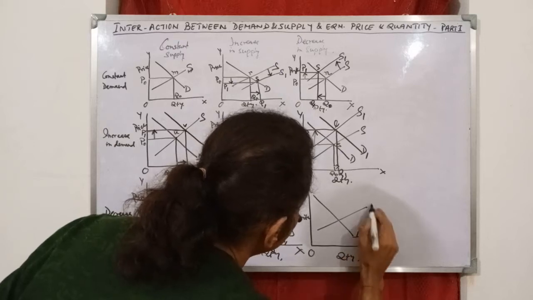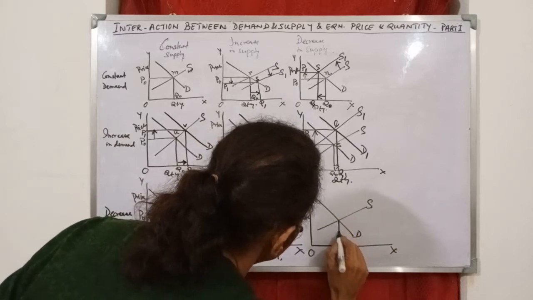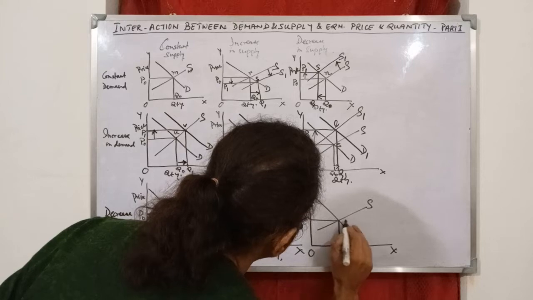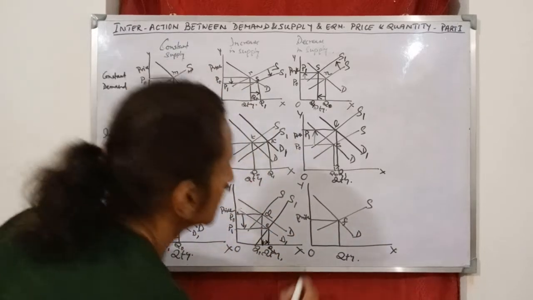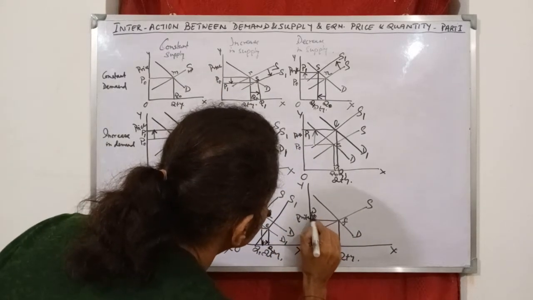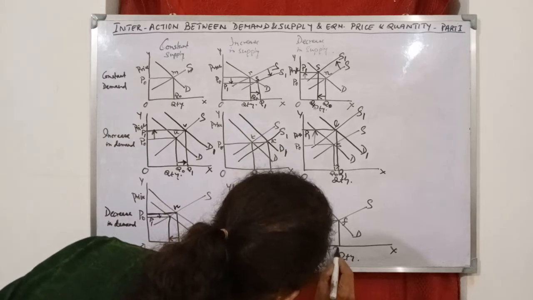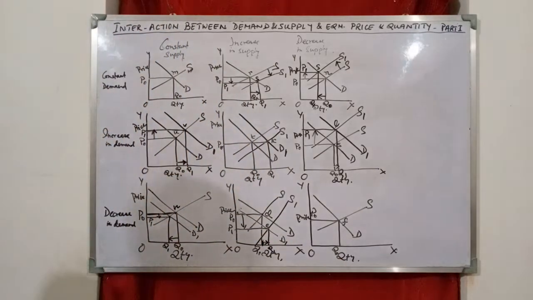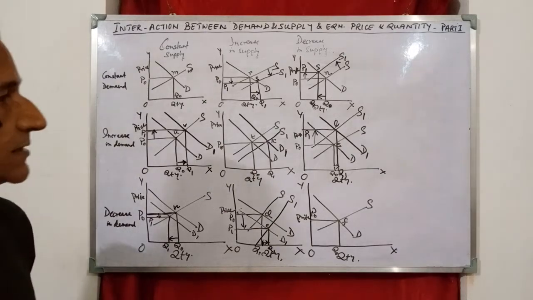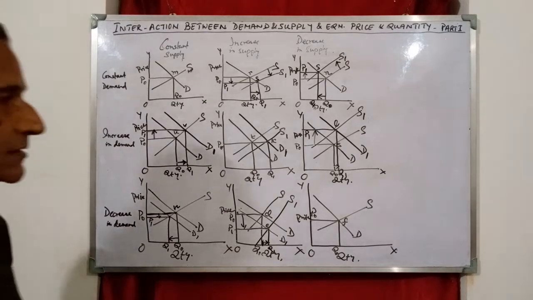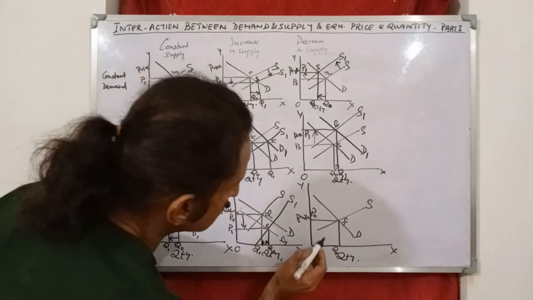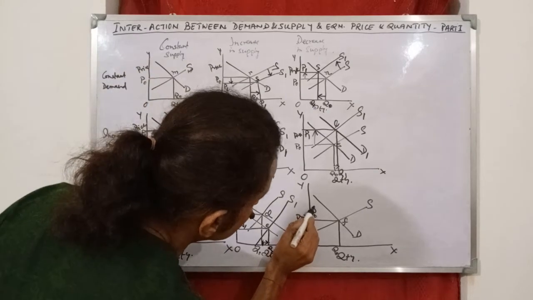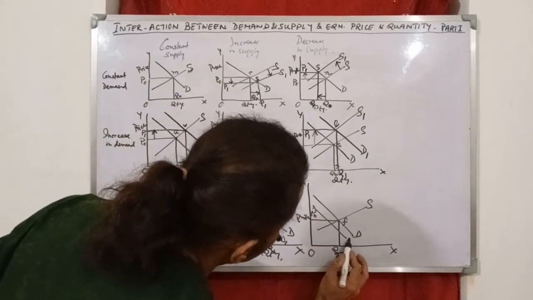Let D be the demand curve, S be the supply curve, and both intersect say at point F. So OP sub O is the equilibrium price and OQ sub O is the equilibrium quantity. Now demand is decreasing as well as supply is decreasing. So when demand decreases, the demand curve shifts parallelly leftward. So let this be the new demand curve D1.